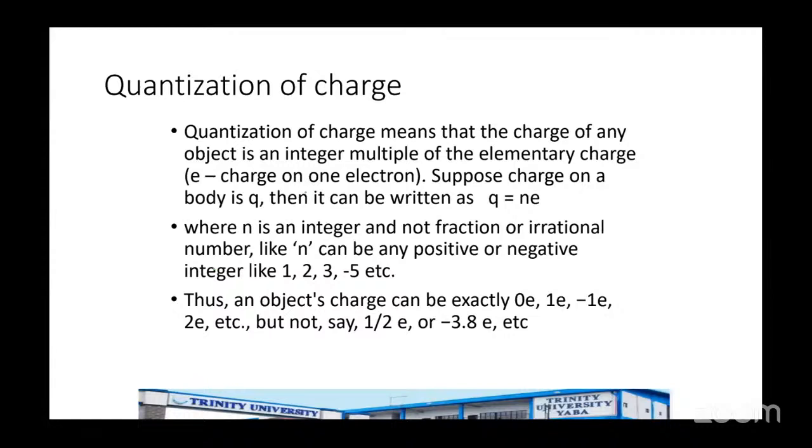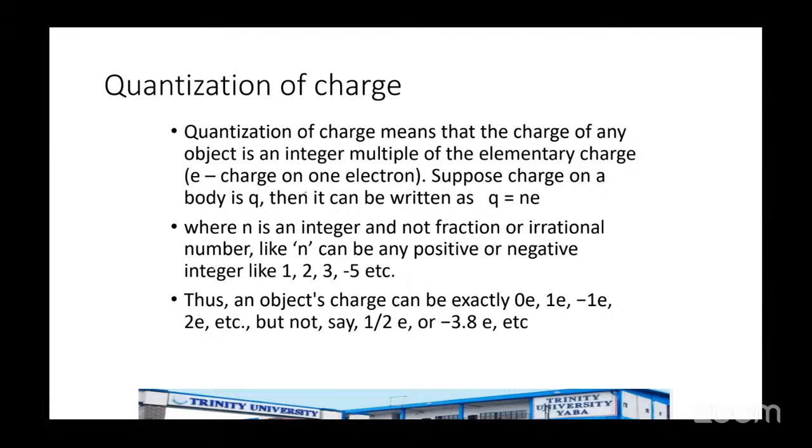And the third property of charges is quantization. Quantization of charges means that the charge of any object is an integer multiple of the elementary charge. The elementary charge here is the electron. It is an integer multiple, that is, a whole number multiple.